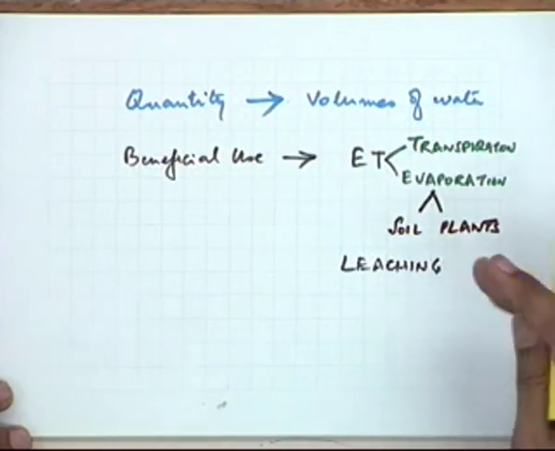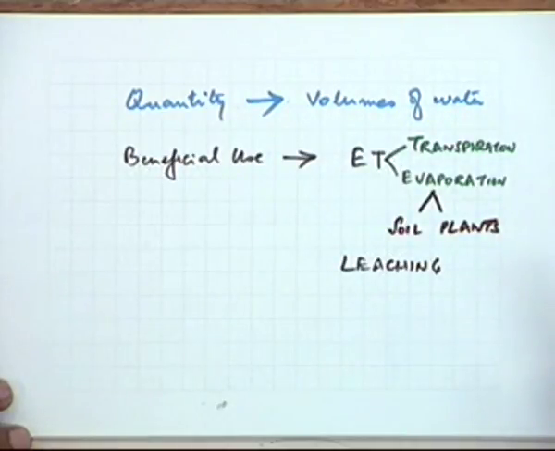So when you want to displace or flush those salts which are not very useful for the crop production, or sometimes the salts can be useful, but once their concentration goes high, they can no more be useful. So they can affect the growth of the crops.